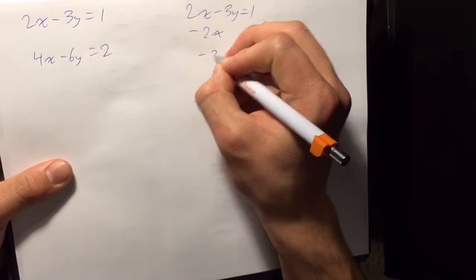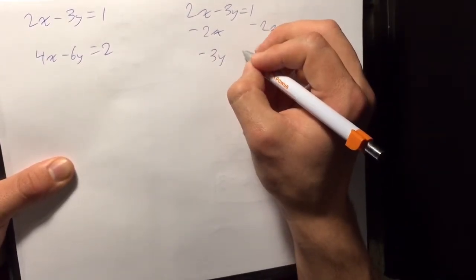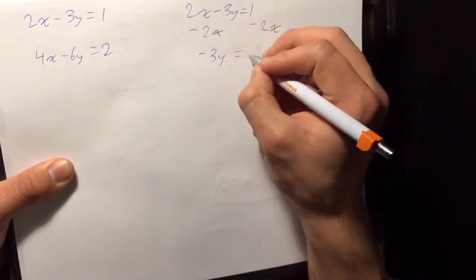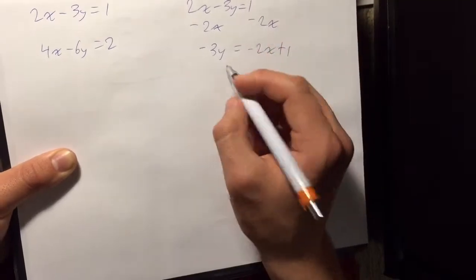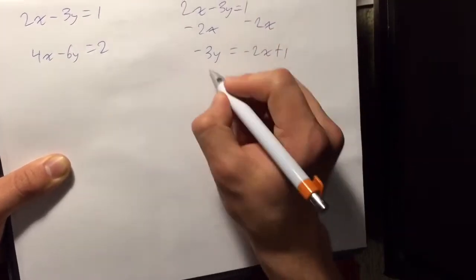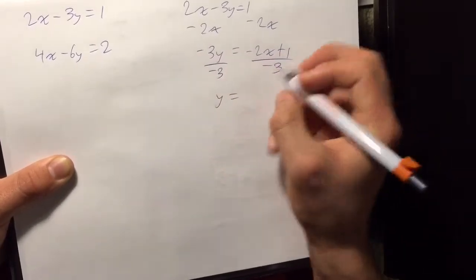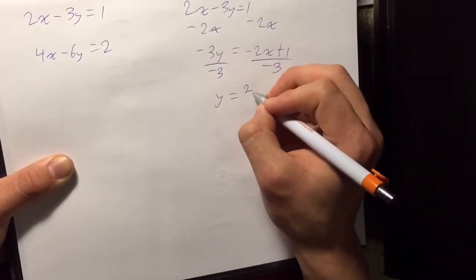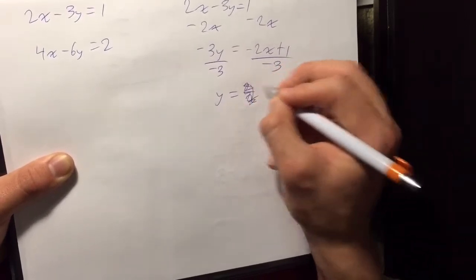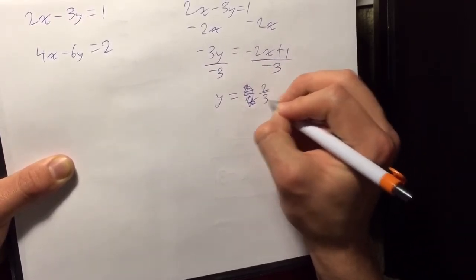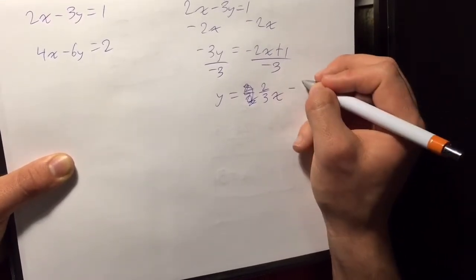You end up getting negative 3y equals negative 2x plus 1. Divide both sides by negative 3. You get y equals positive 2/3 x minus 1/3.